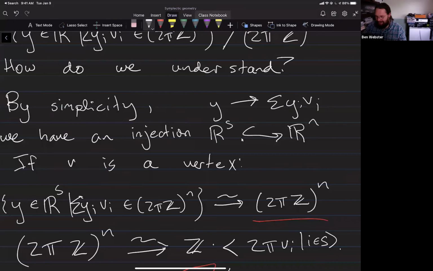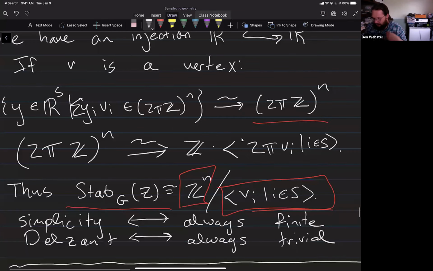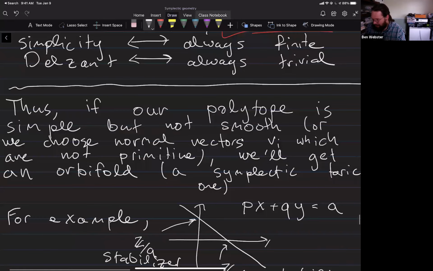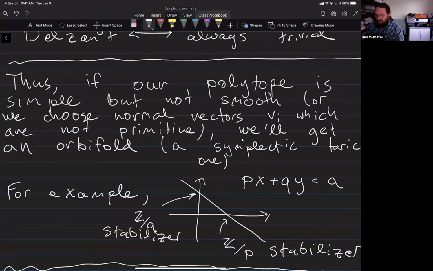And here the Delzant condition just tells me that's what I have to do to get a manifold. If I only have the simple condition and I don't have the Delzant condition, then I will get finite stabilizers at points where the smoothness condition doesn't hold.